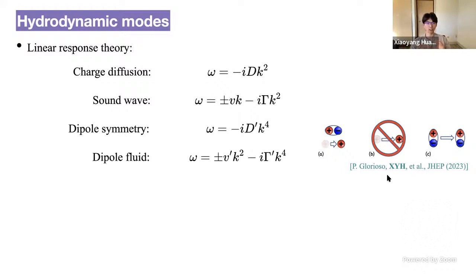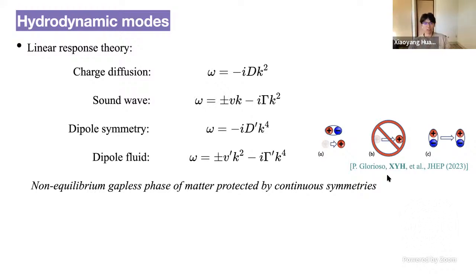With this additional symmetry, you get sub-diffusive behavior with the dynamic exponent z going from 2 to 4. Correspondingly, if you add momentum conservation together with the dipole symmetry, because of the slow motion, the propagating mode will also be slower than you would expect.